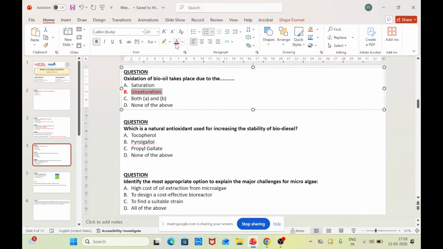Is it tocopherol or pyrogallol or propyl gallate? All these are antioxidants, and they will help in improving the stability of biodiesel. The question is, among the three, which of the following is a natural antioxidant? The other two are synthetic.